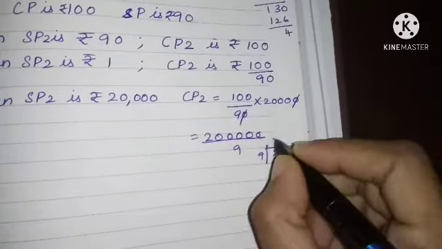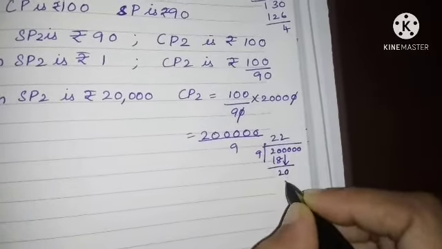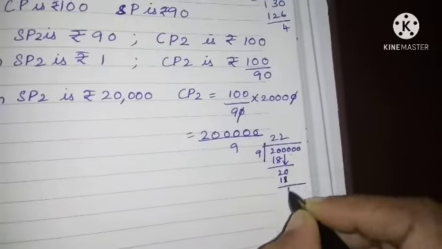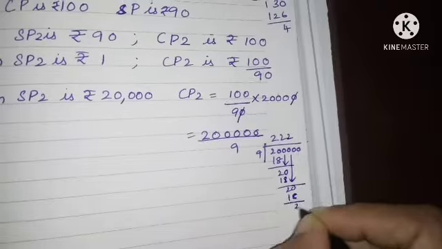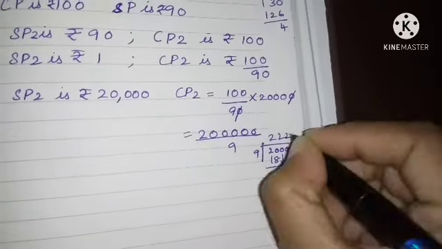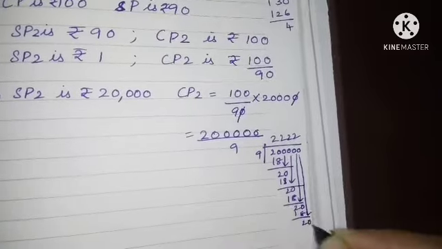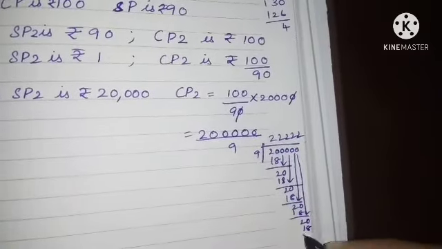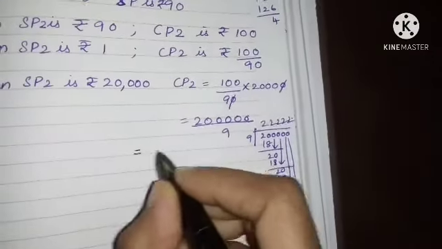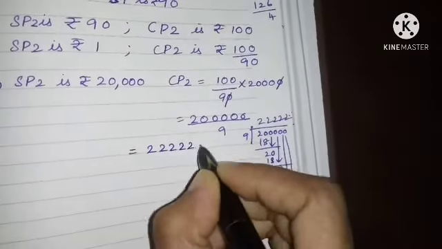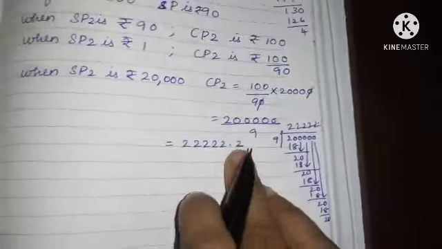So 9 2s are 18, 2 0, 9 2s are 18, 2 0, and again it will come 2.2 something. Which means 22,222 rupees.